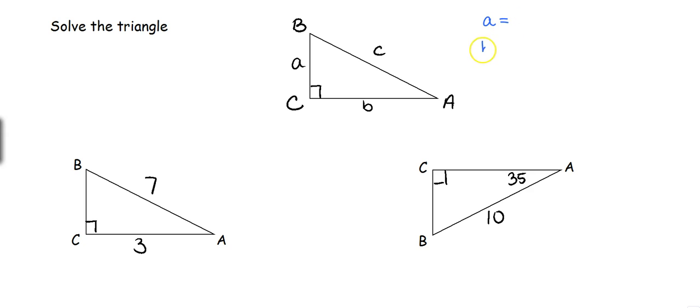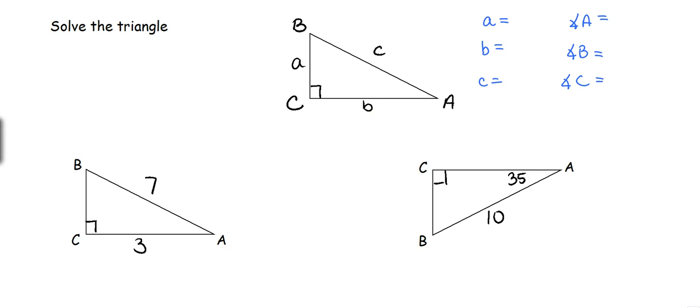So we've got side A, side B, side C, and then we have angle A, angle B, angle C. If you notice from the diagram, side A is opposite or across from angle A. Side C is across from angle C, and side B is across from angle B.